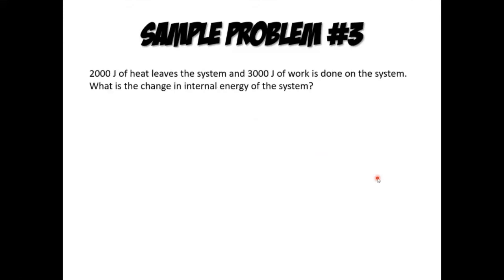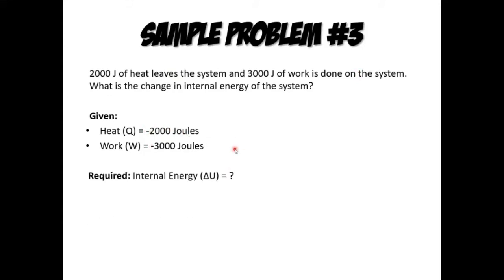And then last sample problem: 2,000 joules of heat leaves the system and 3,000 joules of work is done on the system. Ano yung magiging internal energy ng system nila? Since yung heat is negative 2,000 joules, because it leaves the system, and then yung work is done on, no? So automatically negative yung magiging value niya.